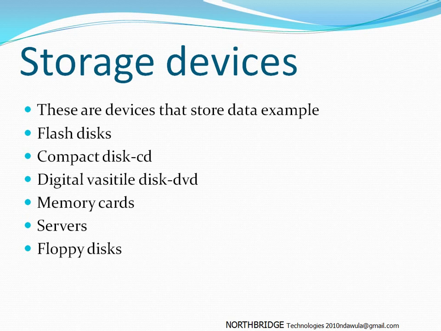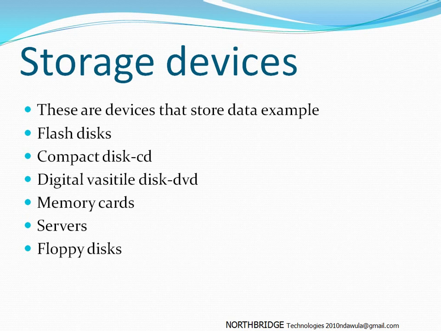The difference between a compact disc and a DVD comes in size. We shall explore more of this when you have gone into looking at the size of the devices.